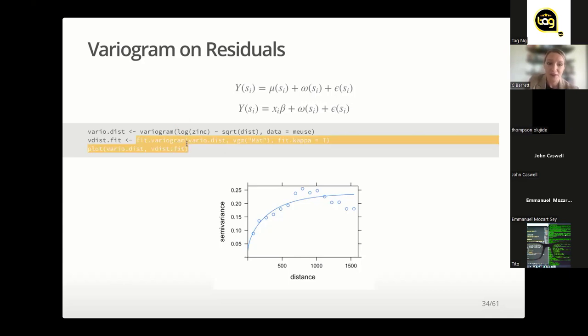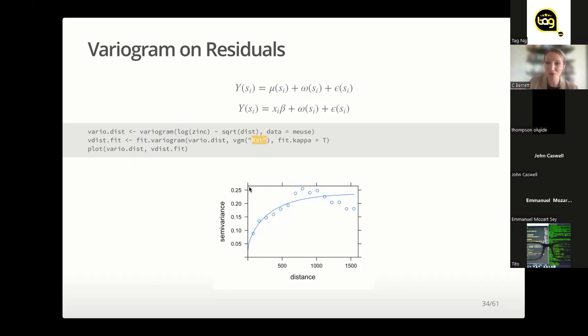We're going to fit the variogram, and I just use that Matern because it's a quick and dirty way to do that. And here we have the semivariance. Now, one thing to notice, if you remember, I know it's been a few slides, but our semivariance before we accounted for that covariate was as high as 0.6. So here we've reduced the variance, which is why we love regression, right?